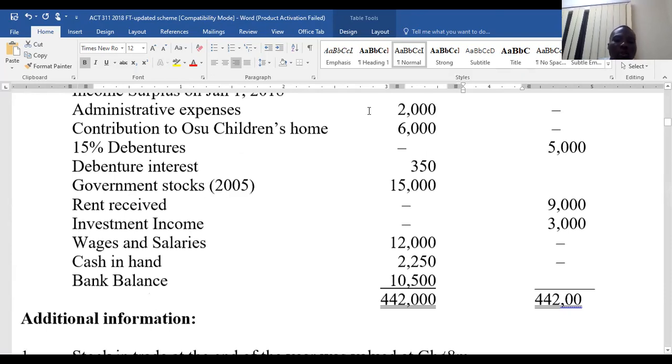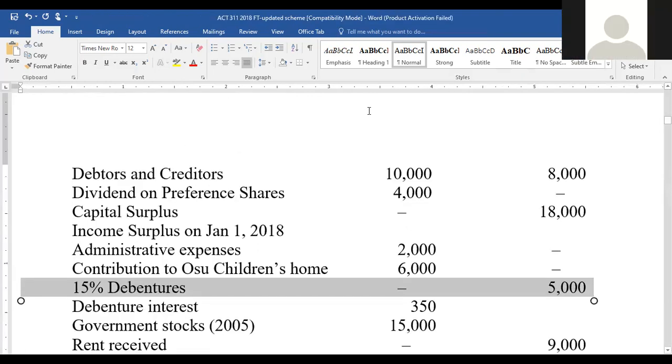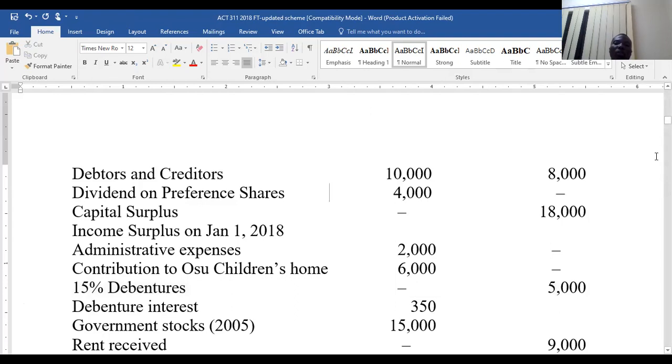So you add 15% debenture, 5,000. How much are you getting? $217,750. So 217,750 to balance off your balance sheet.